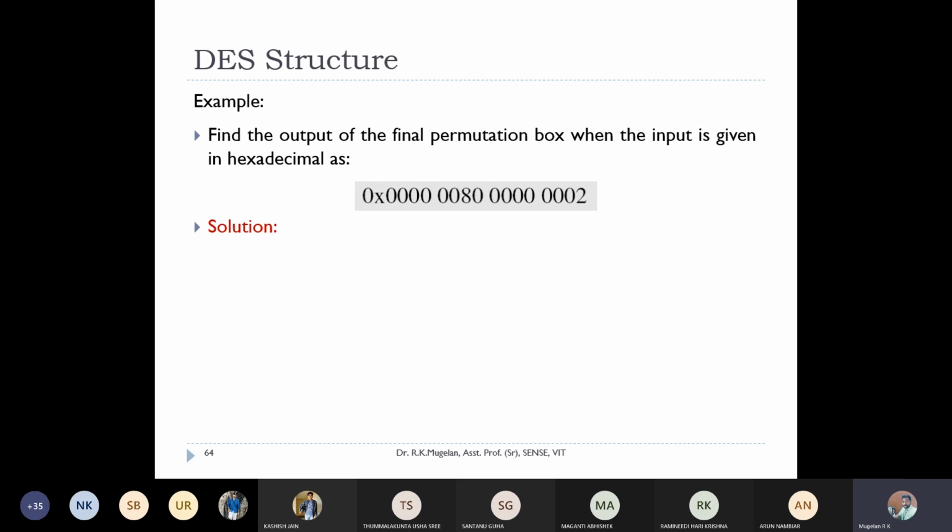Here they are asking you to find the output of a final permutation box when the input is given in hexadecimal value. The first step you have to do is convert it into a binary value. How many of you know how to convert hexadecimal into binary? Can you raise your hand? At least using calculators or any method.